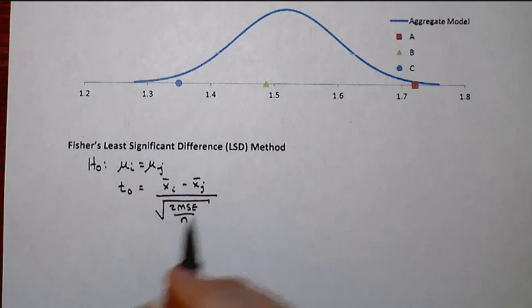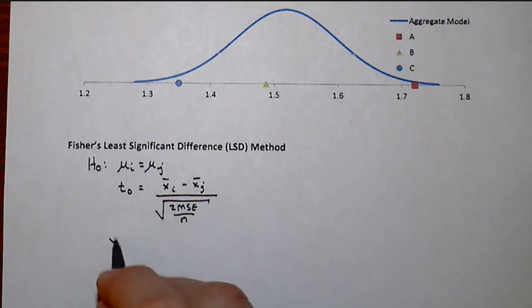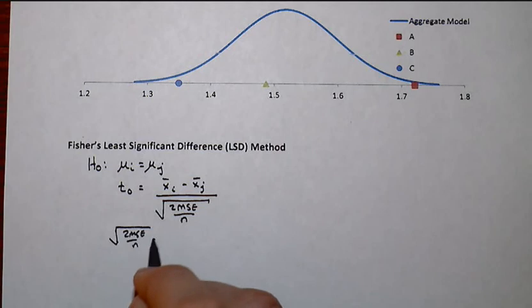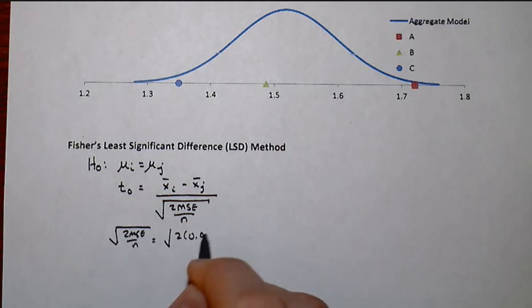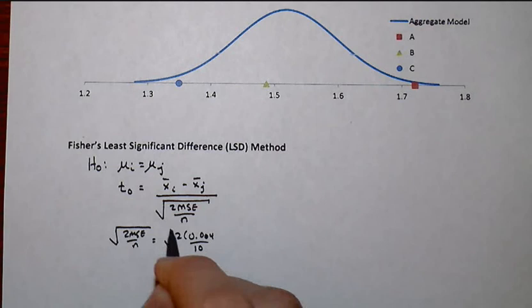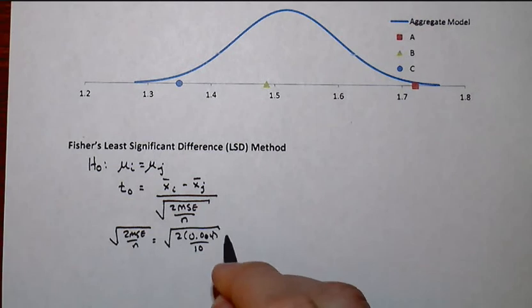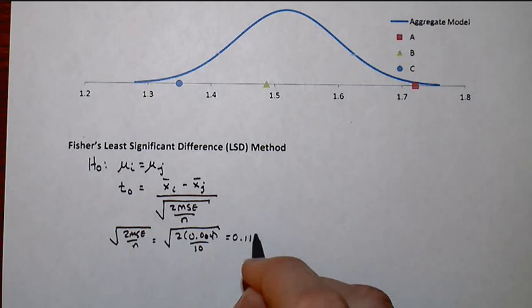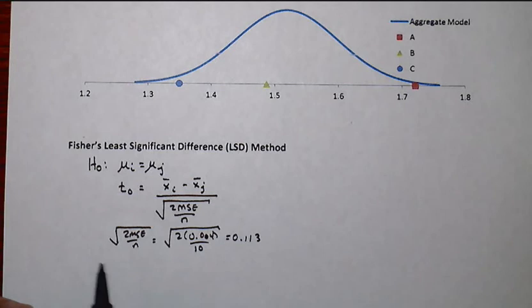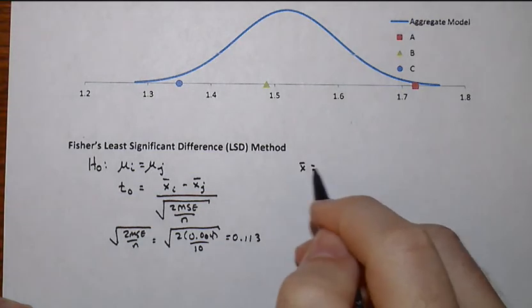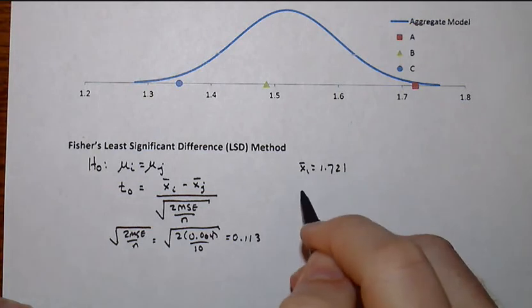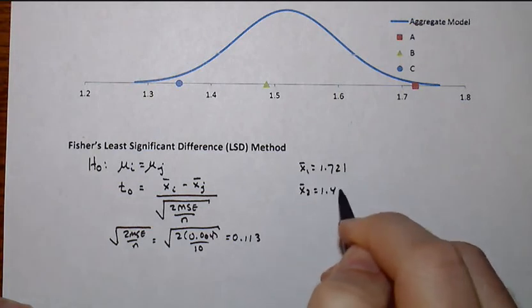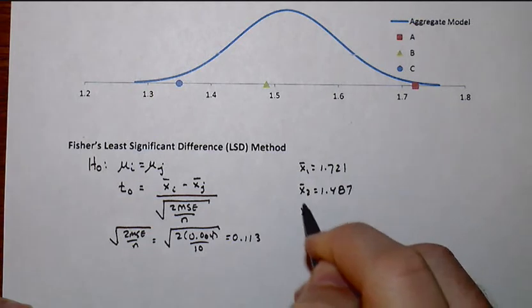So for our case here, the square root of 2 MSE over n would equal the square root of 2 times 0.064 divided by 10, and that's equal to 0.113. So that's the standard error for our test statistic. The x bar values that we had were 1.721 for x bar 1, 1.487 for x bar 2, and 1.349 for x bar 3.